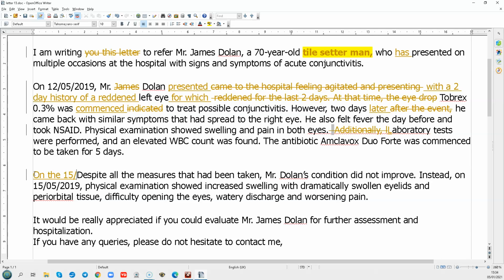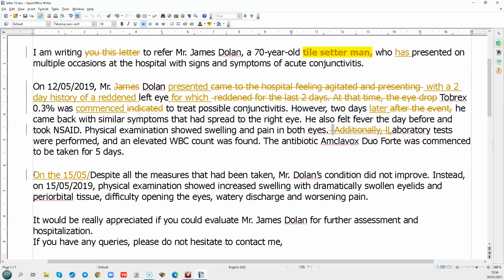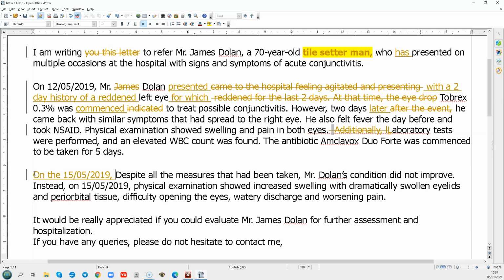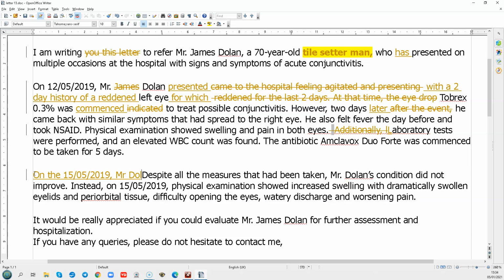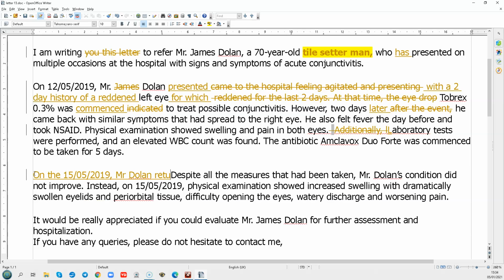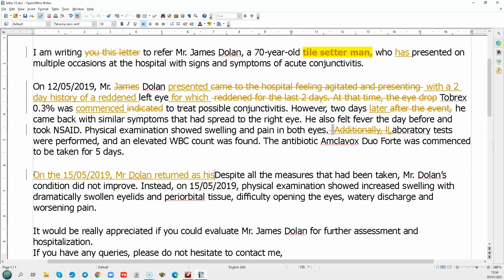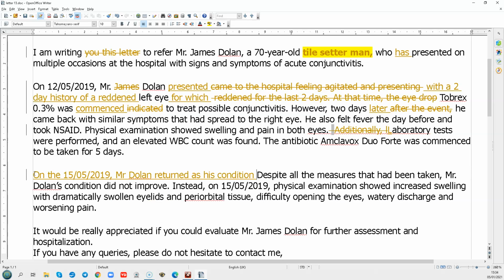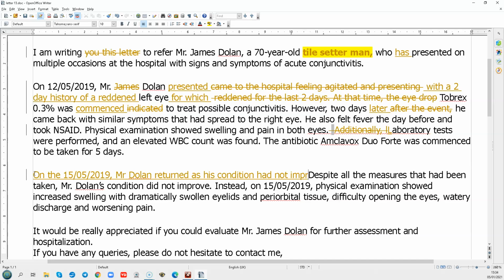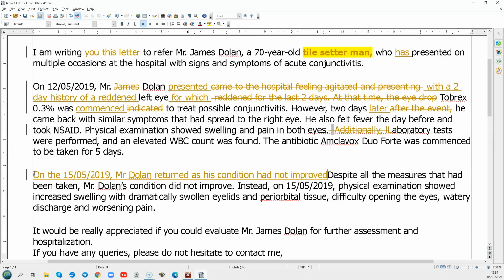On the 15th of 5th, 2019, Mr. Dolan returned as his condition had not improved.